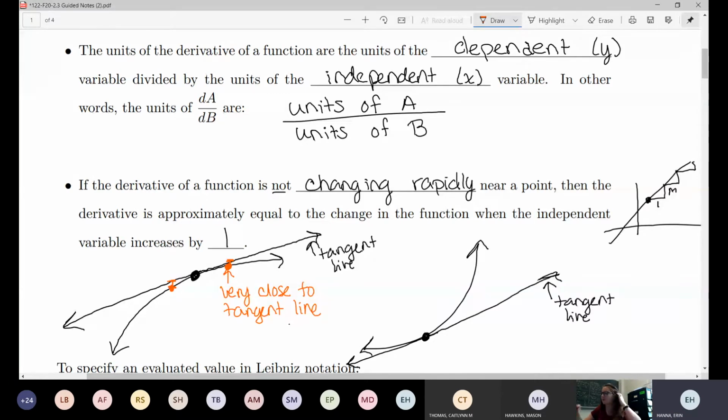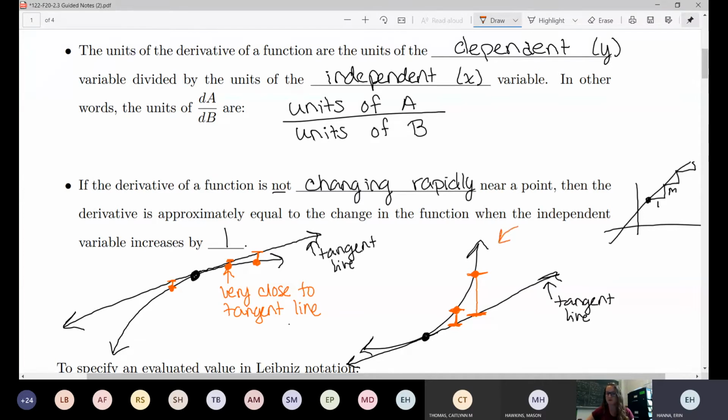Whereas if I go to the one on the right and go to a point next to it, that starts to get farther away. My gap gets much larger, especially if I go over again. So when I say changing rapidly, I essentially mean, is the function increasing very quickly or decreasing very quickly?